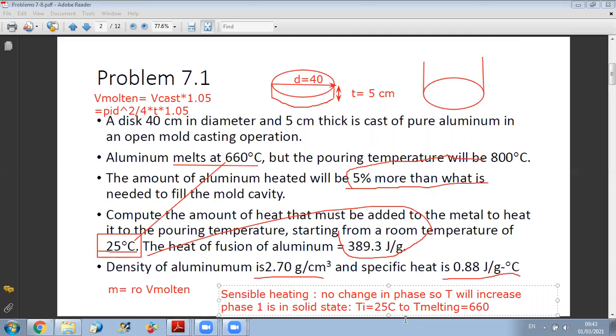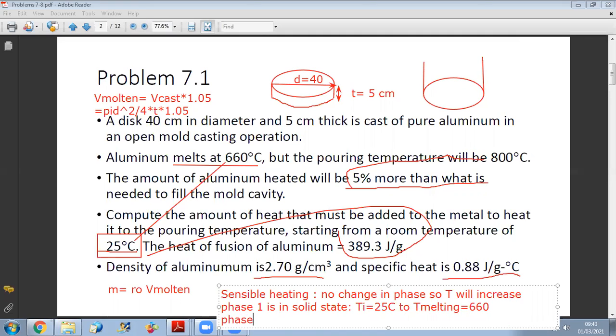So as you can see here, once I reach T melting, I will have a change of phase. In phase two of my calculation, we will have a mixture of phases.